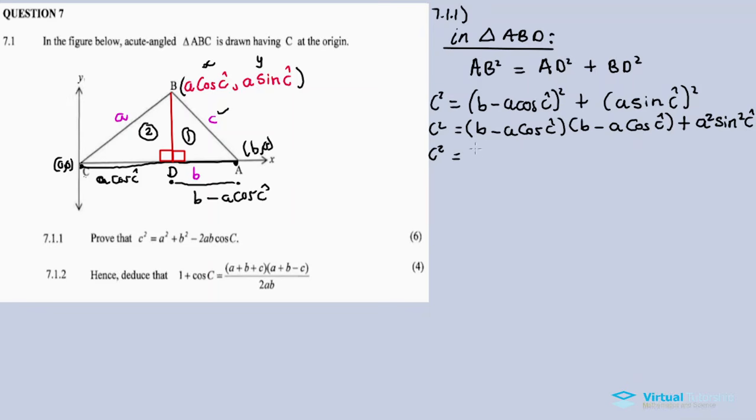Now I multiply these brackets, I should get something like B squared minus the middle term, which is B times this plus B times this, giving minus 2AB cos C, plus A squared cos squared angle C plus A squared sine squared C. Voila.